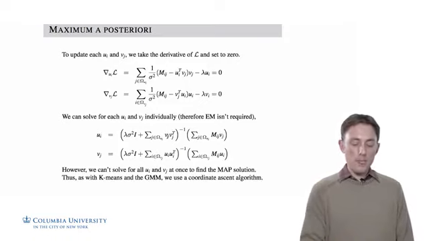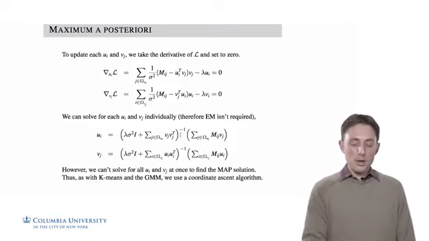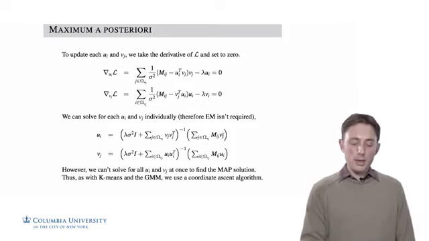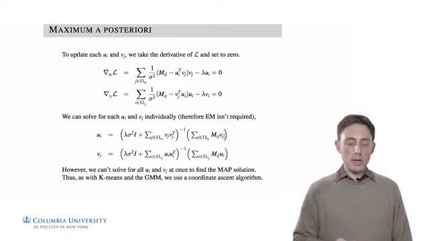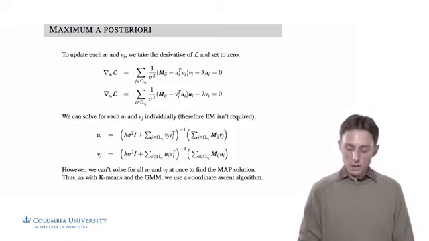We have a sum of the outer products of all of the locations of the objects that user i has rated, plus this additional term. We take that matrix and invert it, and we multiply it by the vector we get by taking the location of each object that user i has rated, multiplying it by the rating, and summing those up. And that's the update for u_i that maximizes the objective.